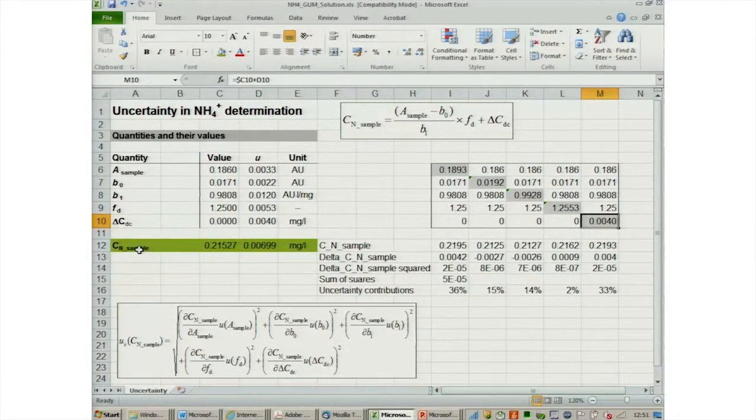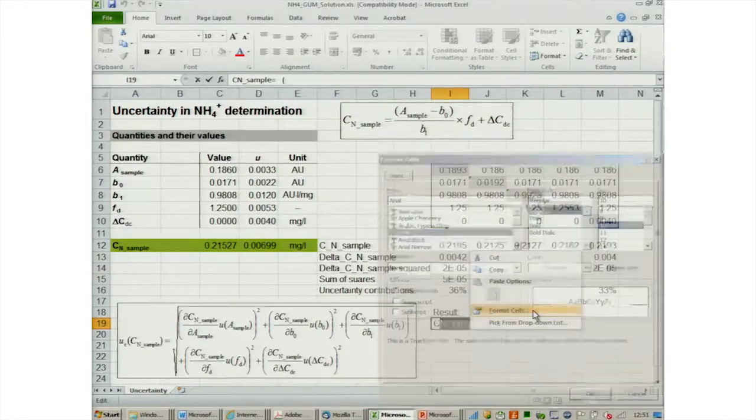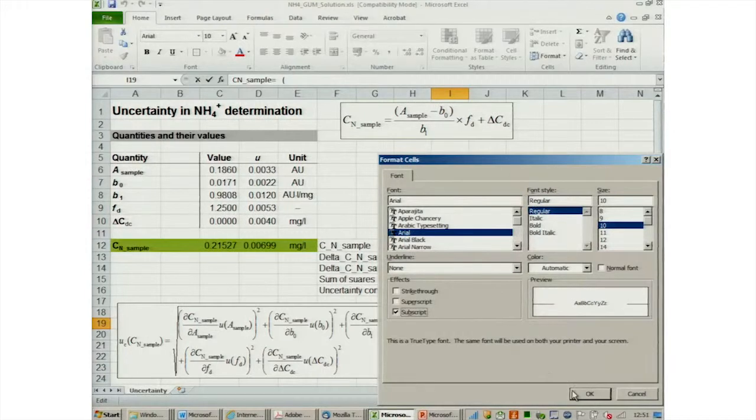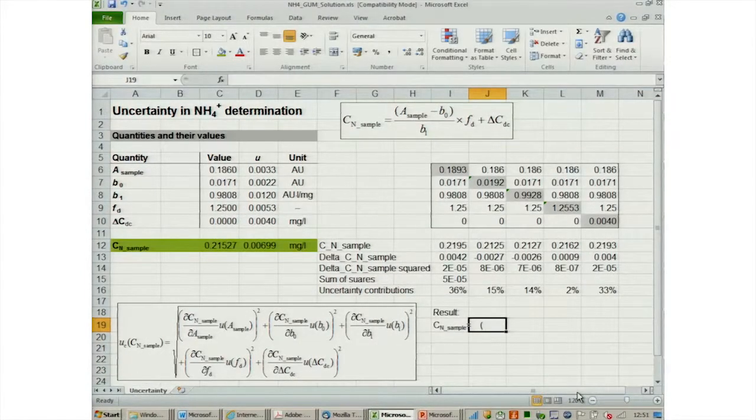So let us write here, we now take this value here.